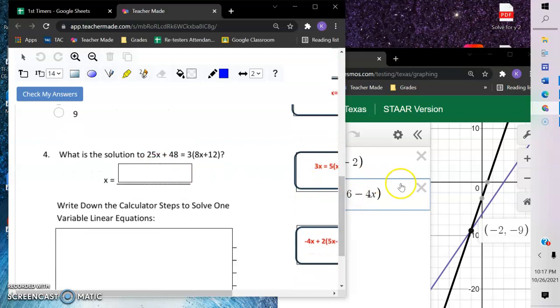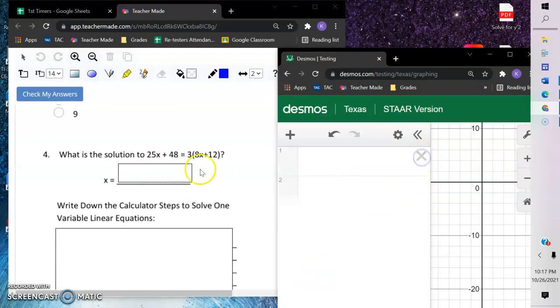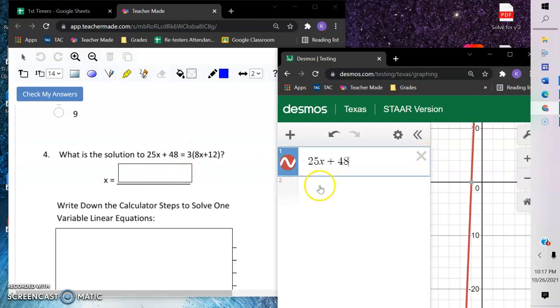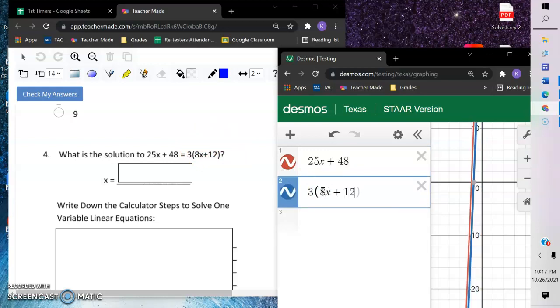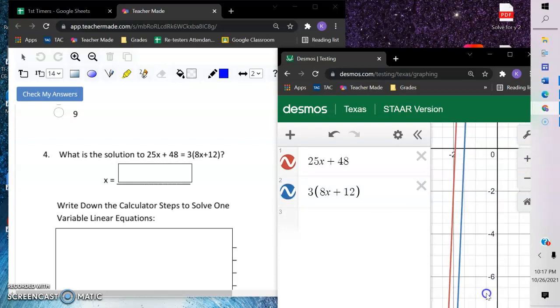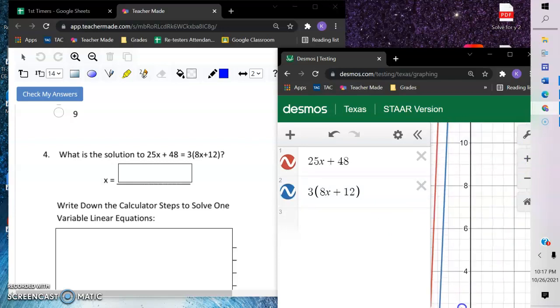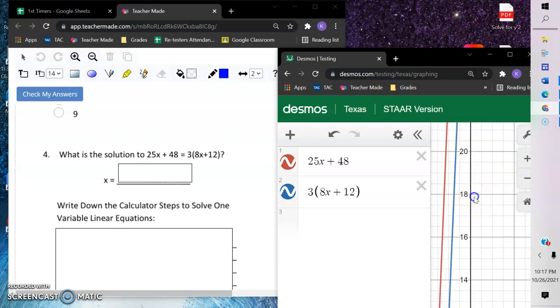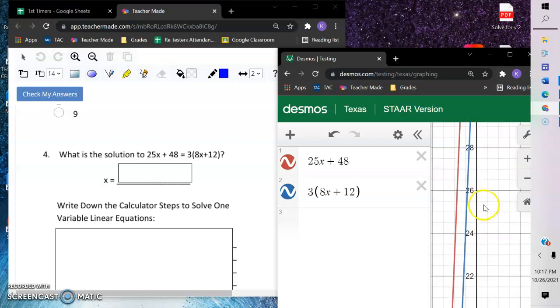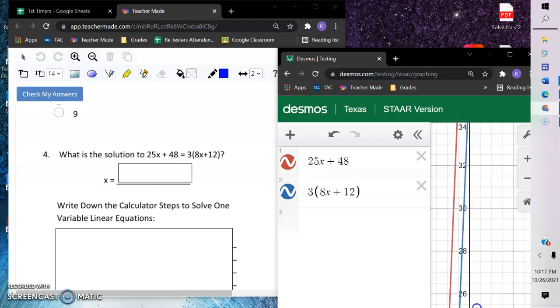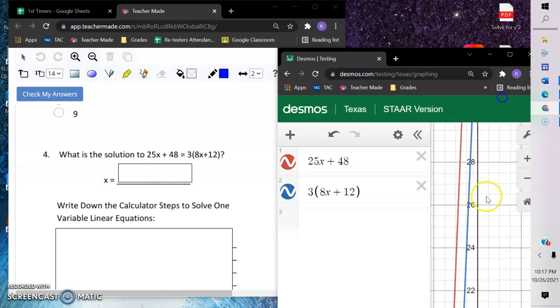Look at number 4. It says, what is a solution to this? So again, whatever's on the left side, we type it in here. Whatever's on the right side, you type it in at number 2. 3 parentheses 8x plus 12. And as you can see right here, no matter how far we go up, these two lines are going to be parallel to each other.